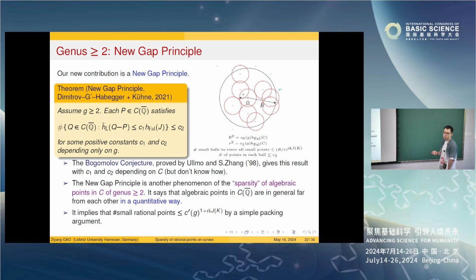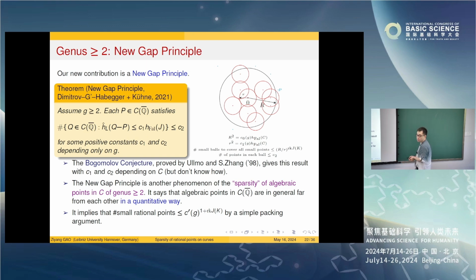Well, we established this by proving a result which says a bit more about how the rational points are far from each other. Actually, it's algebraic points from each other. The result is as follows. If g is at least 2, then around each algebraic point, there are only finitely many other algebraic points which are not far from it in a rather uniform way.